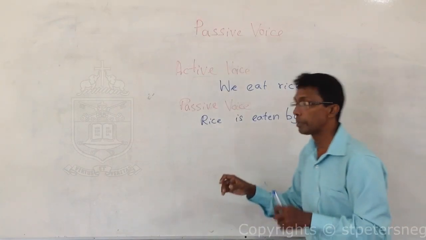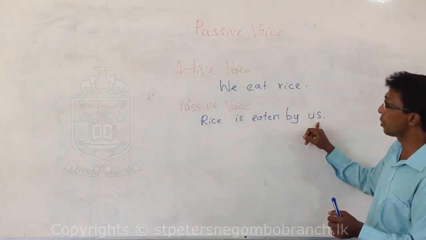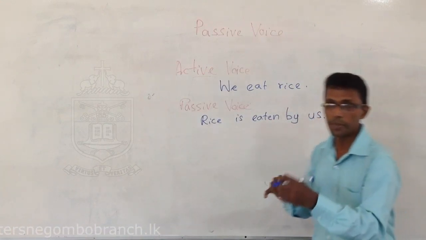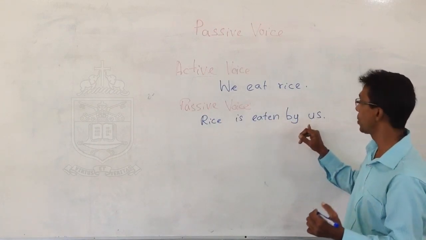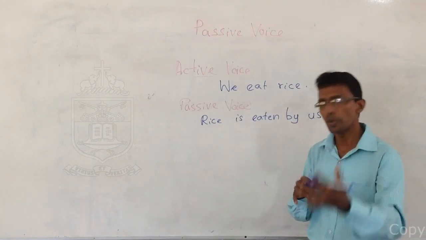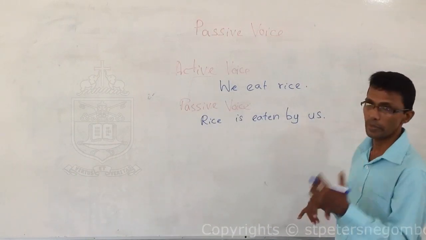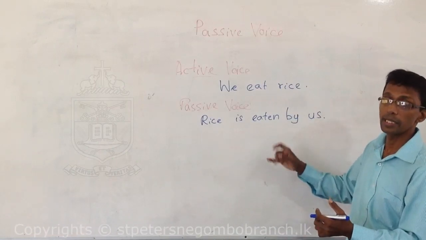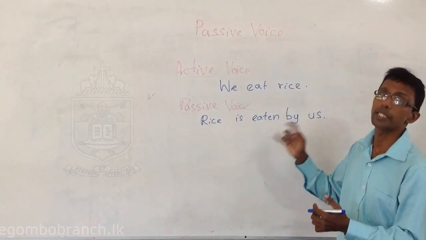So in passive voice, the subject undergoes the action of the verb. In the passive voice, the subject is not dominant, right? That's why we say that the subject is undergoing the action of the verb in passive voice.